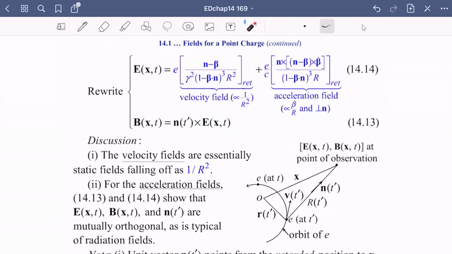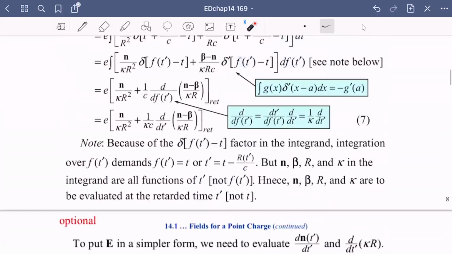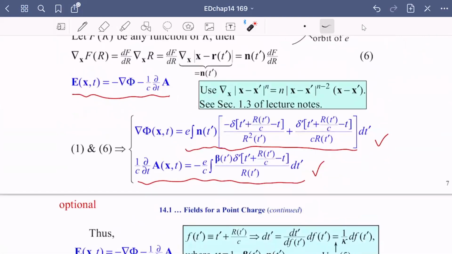So eventually, we have 2 expressions. One is the E field. Let's skip the mathematical detail and focus on its effect. This one eventually gives us the E field. Maybe we should go to page 7. Up to this point, it looks easy.